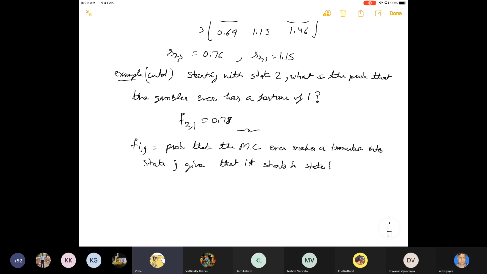And Sij is the expected time in j given that we start in i.